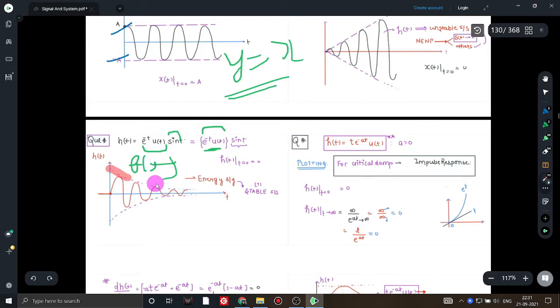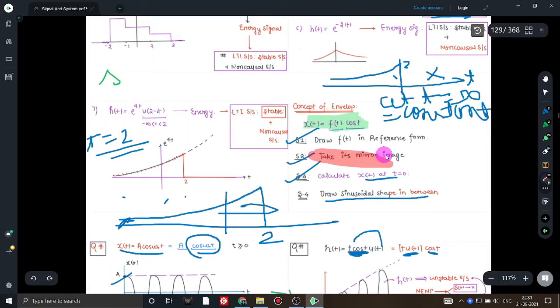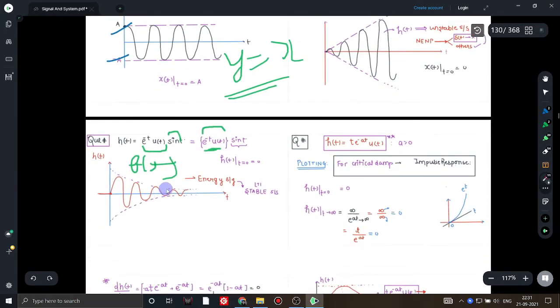See my cursor, which is like this. Then we take the mirror image. Always remember, take its mirror image. Now in between we draw the sinusoidal curve, in this case that is sin t.